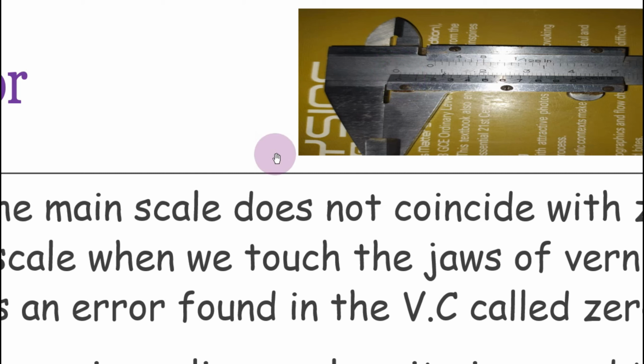But if I close the jaws and the zero of the Vernier scale or sliding scale is slipped to the left of the zero of the main scale, then the error caused is known as negative zero error. So there are two types of zero errors. It will be discussed next.